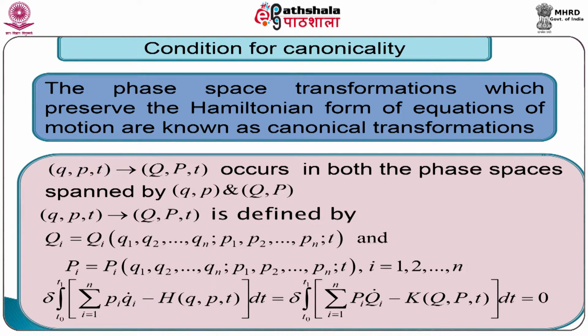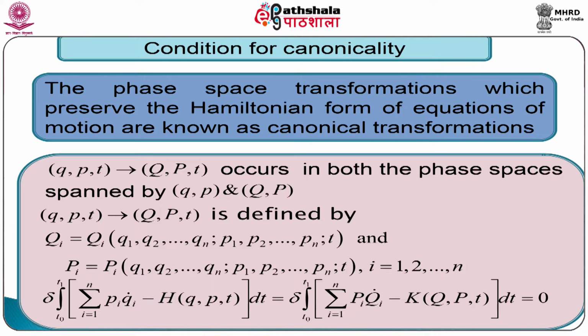may be canonical if Hamilton's principle can be written as delta integration T0 to T1 summation over i equal to 1 to n small pi into small qi dot minus small H function of small q, small p, t dt equal to delta of integration T0 to T1 summation over i equal to 1 to n capital Pi into capital Qi dot minus capital K function of capital Q, capital P, T dt.